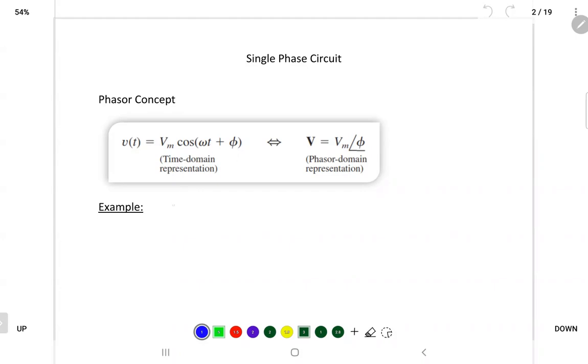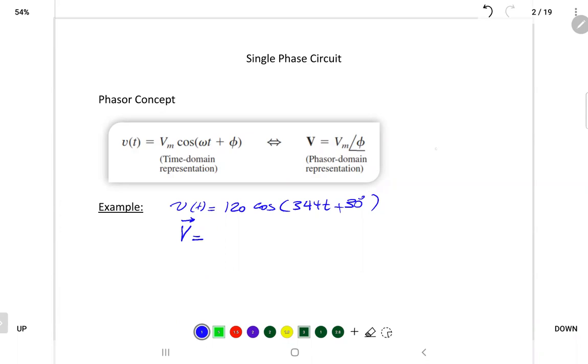For example, let's say that the voltage is equal to 120 cosine 344t plus 30. In the phasor diagram, you have to make it capital and it should be bold, but if you are not typing, you can just make an arrow like that to say it's a phasor, because you have to distinguish between the magnitude and the phasor.